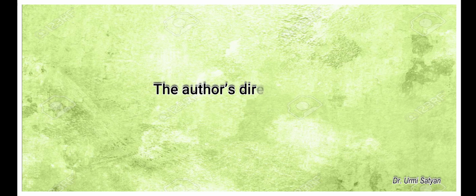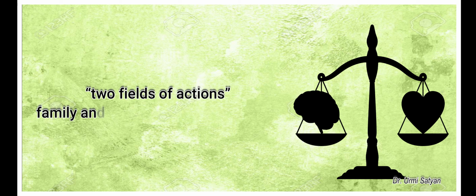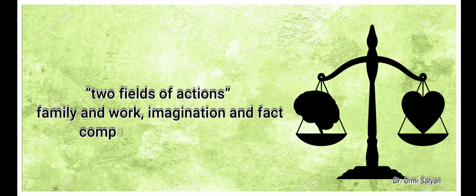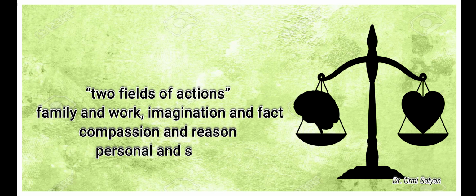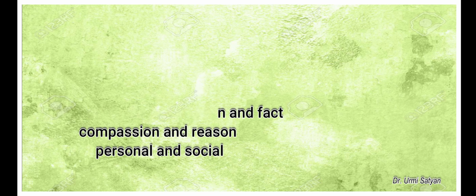The novel ends with the author's direct advice to the readers to wisely strike a balance between two fields of actions. These two fields can be family and work, imagination and fact, compassion and reason, personal as well as social. Dickens advises all of us to work for the overall well-being of the society.